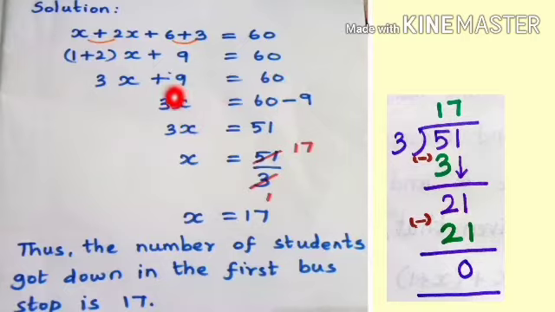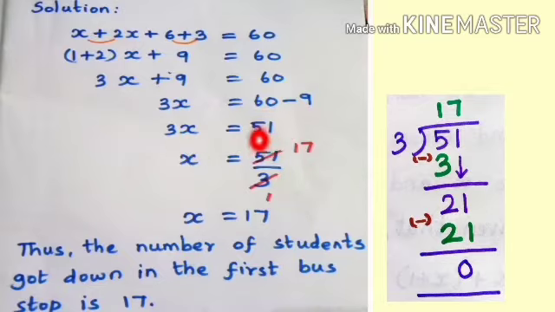So here plus 9 becomes minus 9, and here 3 into x, the 3 becomes 1 by 3 on the other side of the equal to sign. So 3x plus 9 equal to 60 becomes 3x equals 60 minus 9, because when plus 9 crosses the equal to sign, it becomes minus 9. So 60 minus 9 is 51. So 3x is equal to 51.